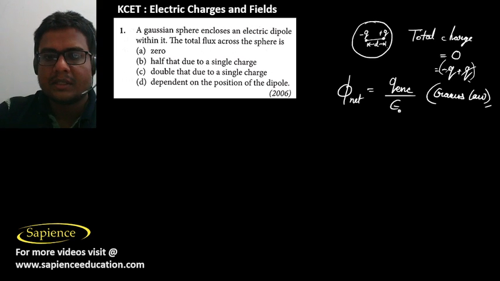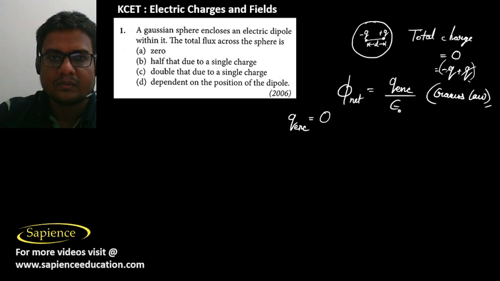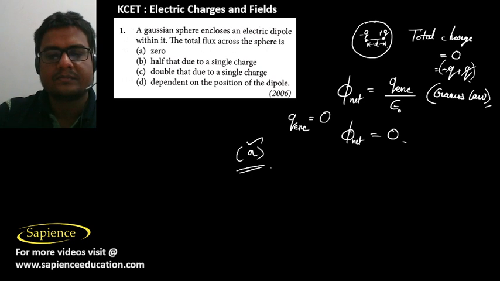Here the total charge enclosed by the sphere is equal to 0 since we have an electric dipole within it. So the net flux across the sphere will be 0. So option A is the correct answer.